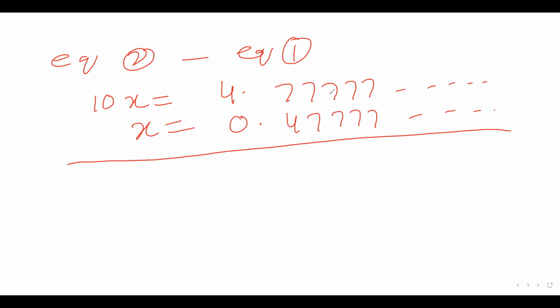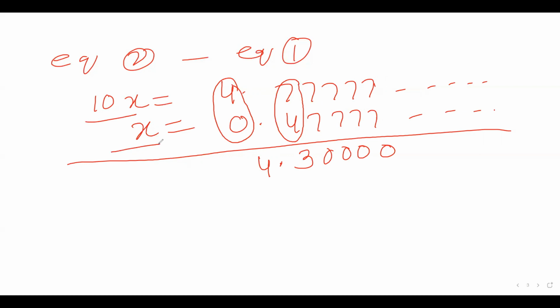Okay. Now here 7 minus 7 is 0. 7 minus 7, 0, 0, 0. You will get zeros. So here 7 minus 4 is 3. 4 minus 0 is 4. 10x minus x is 9x.